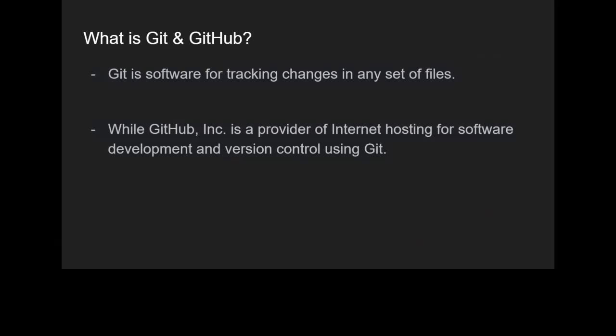And Git itself is not a website; it's more of a language because you have multiple platforms that utilize Git, and GitHub would be one of them. So GitHub is essentially a company, and it's a provider of internet hosting for software development and version control. The version control is literally what it sounds like. You control, like you have your first version, you have your second one, and version 0 point whatever.